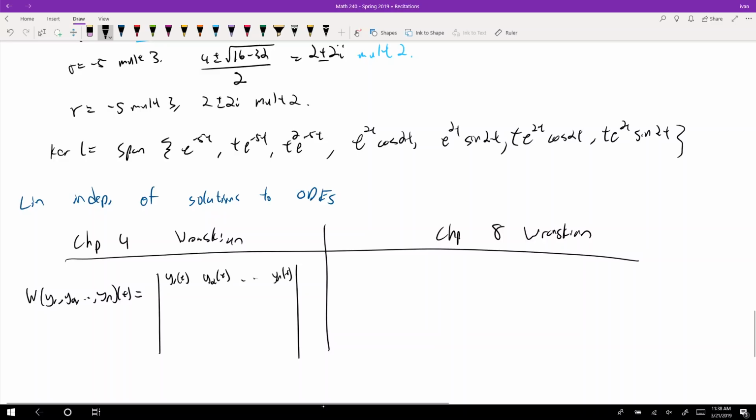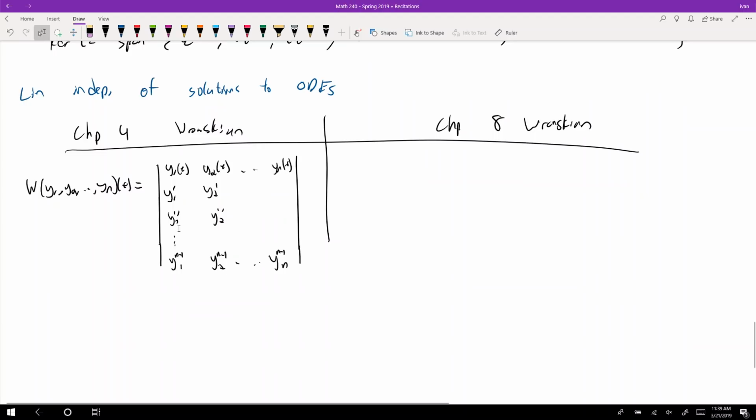You just keep on taking derivatives until you have a square matrix: y1 prime, y1 double prime, all the way down to the (n minus 1)th derivative of y1, and likewise for y2, all the way to the (n minus 1)th derivative of yn. You take the determinant of this matrix, and in chapter 4 this checks the linear independence of any set of functions.